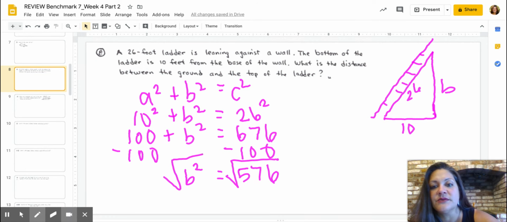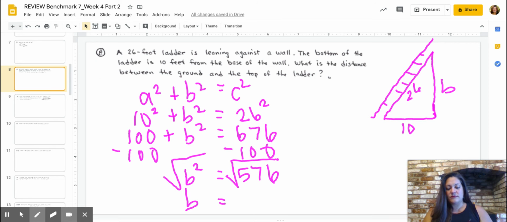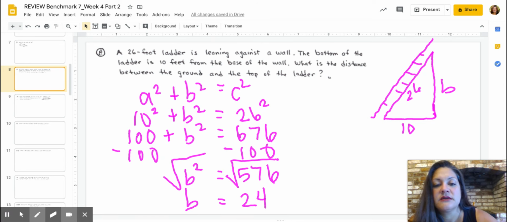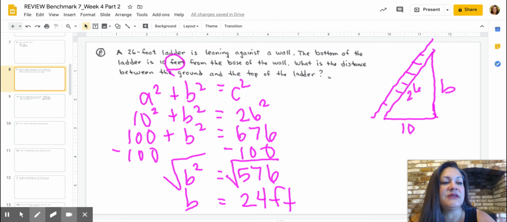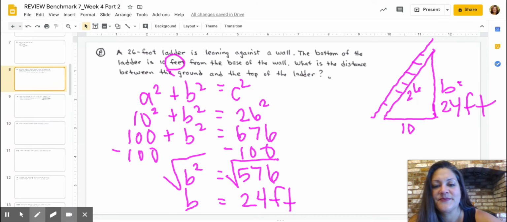Find the square root. 24. And my label is, there it is, feet. So it says, what is the distance between the ground and the top of the ladder? So b equals 24 feet. Okay.